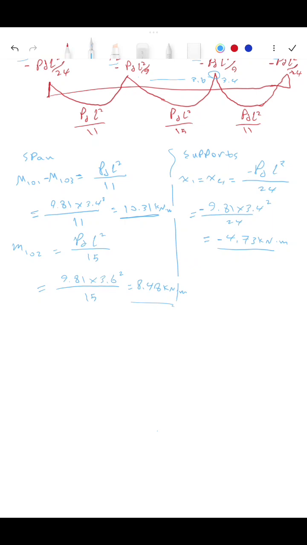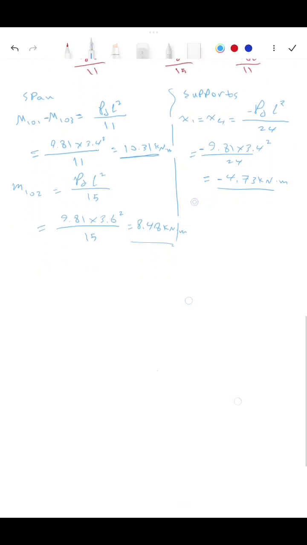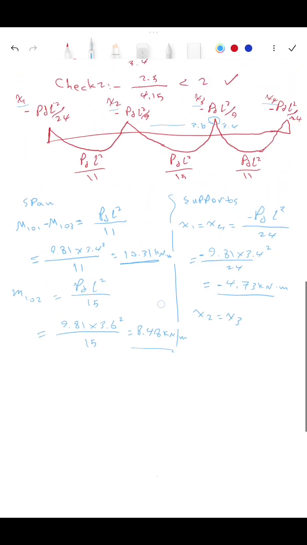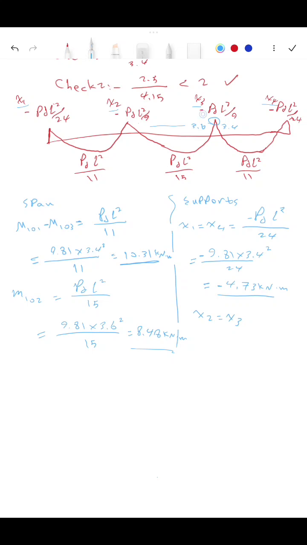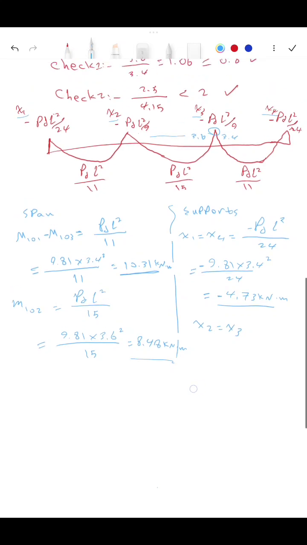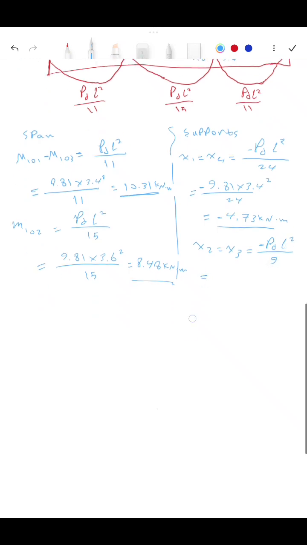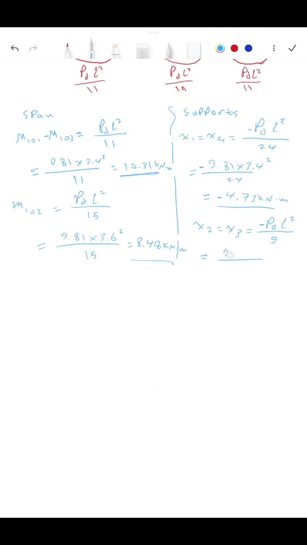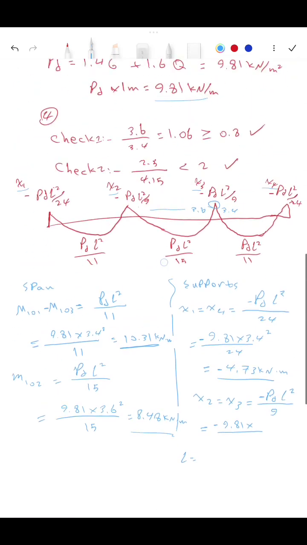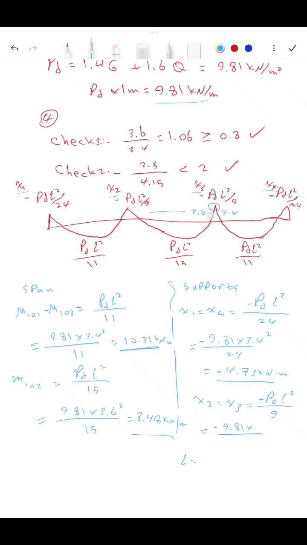The last one is the one that we need to change a little bit because it's in the middle span. So x2 equals x3. These two in the middle are equal to each other. So it's minus PDL square over 9, which equals 9.81 times L. What will L equal here?